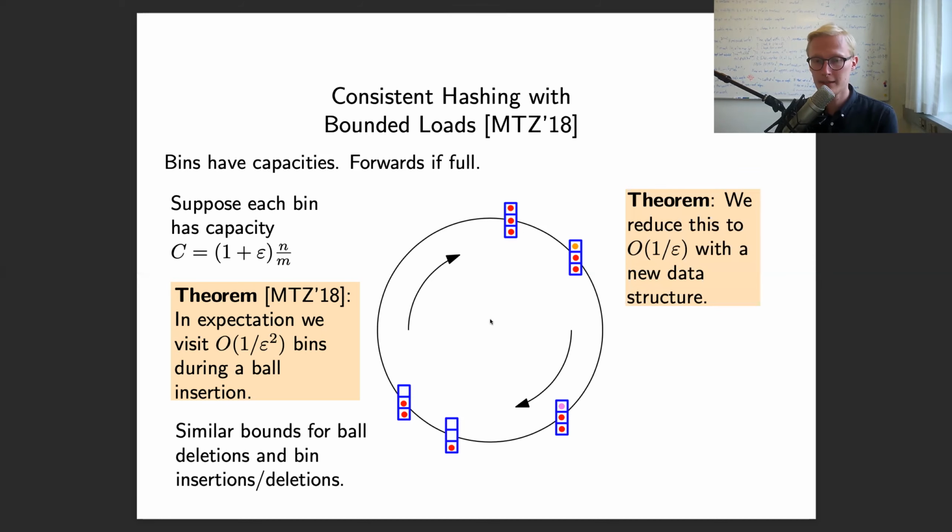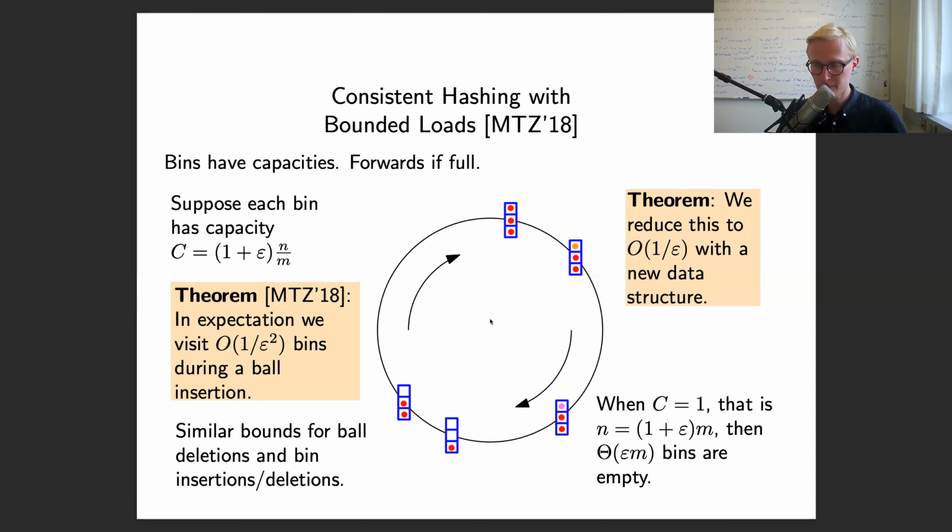And at this point, it makes sense to state one of our results of our paper, and that is that we can reduce this to order 1 over epsilon with a new data structure. And this 1 over epsilon is not just any arbitrary function of epsilon. In fact, it is the right function in a certain sense. That is because when c is 1, when the capacity of each bin is 1, then we will have that an epsilon fraction of the bins are empty.